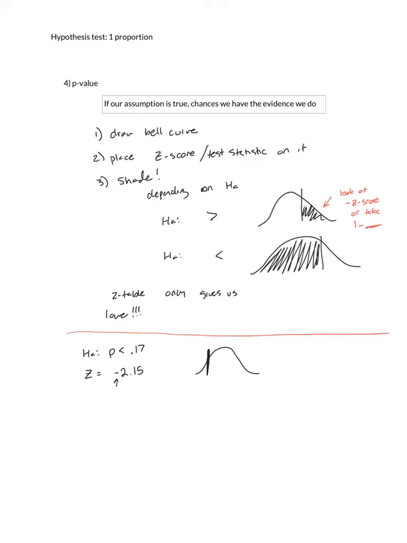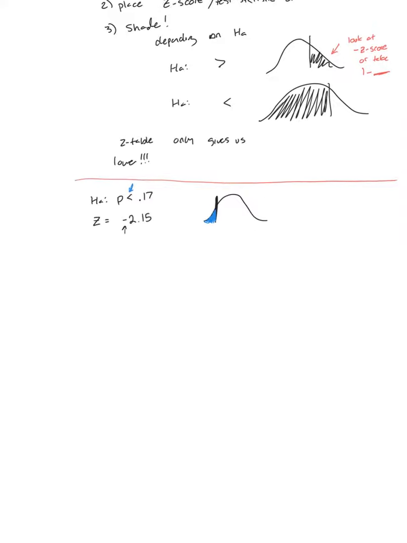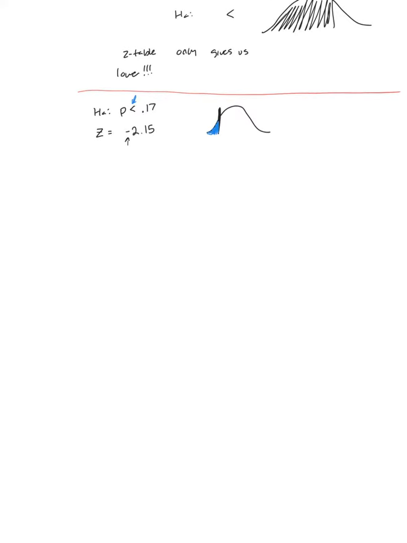I then shade depending on what my alternative hypothesis was. In this case, I want to show that it is less than, so I'll be shading below. Lower end because the z is negative, below because it's less than. The next thing I need to do is go to my z-table.